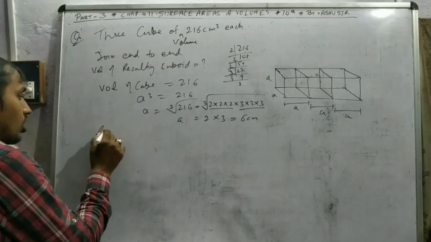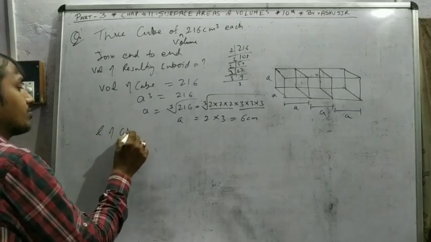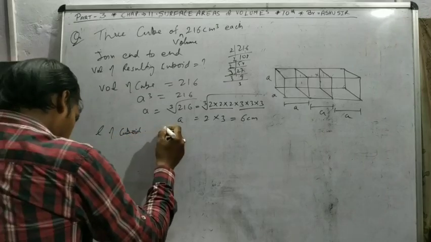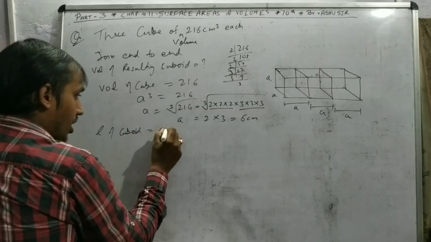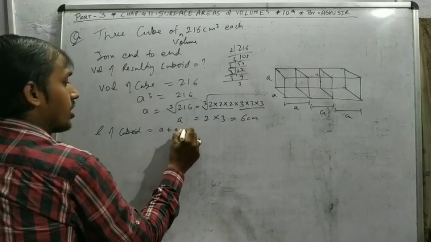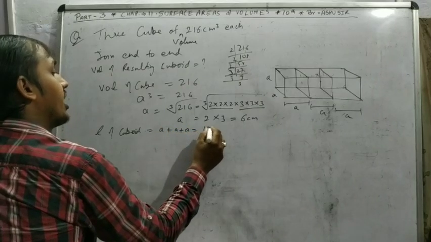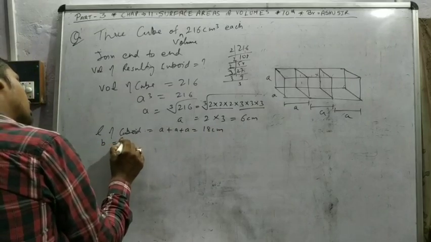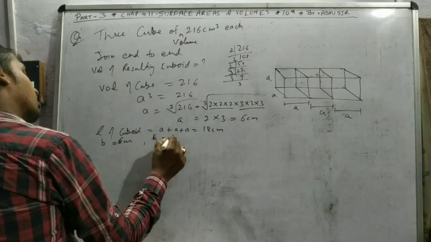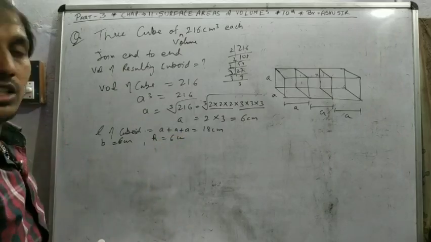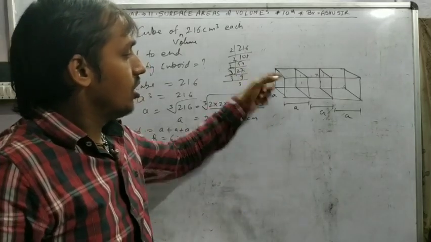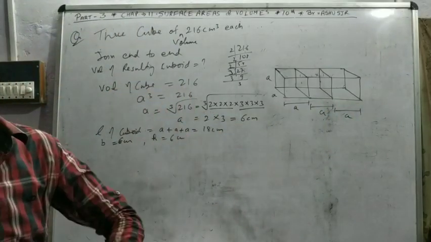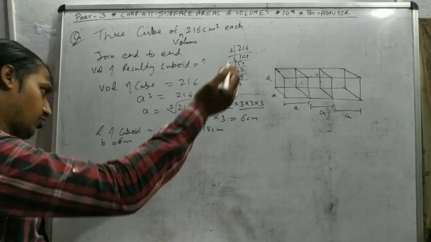So length of cuboid, what you get? A plus A plus A means 18 centimeter, and breadth 6, height 6. Breadth and height are not changed, only length is. If 3 cubes, triple; 2 cubes, double; 4 cubes, 4 times.